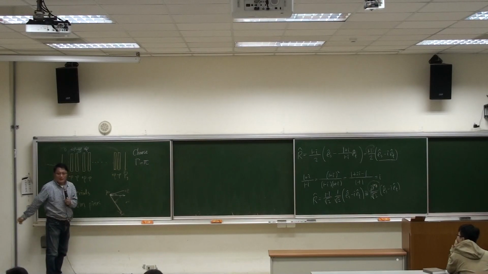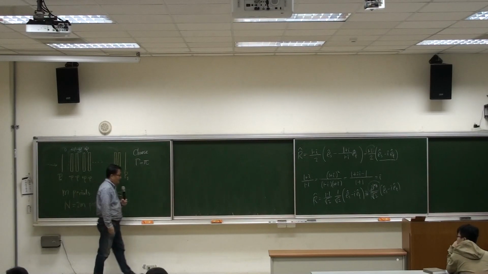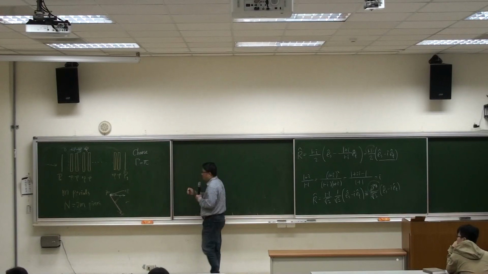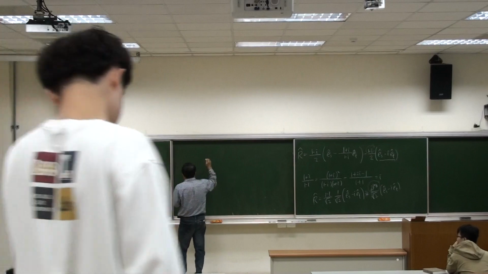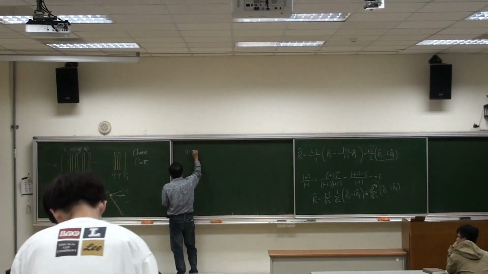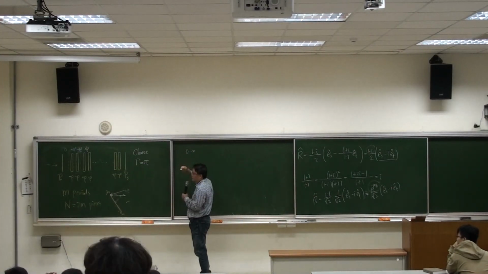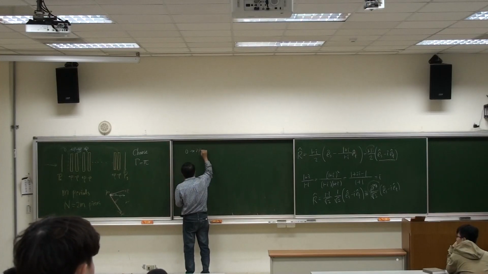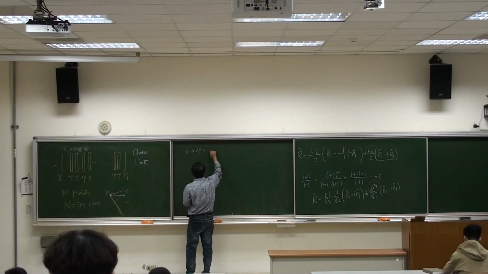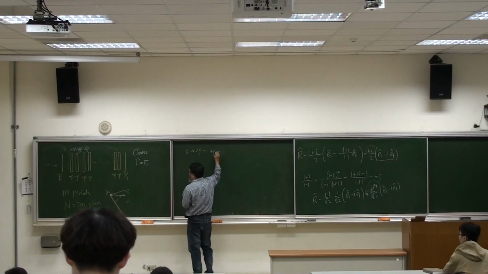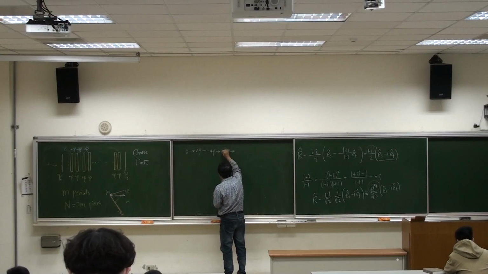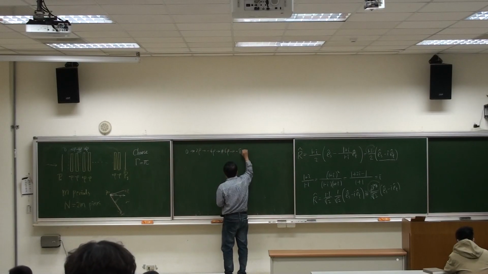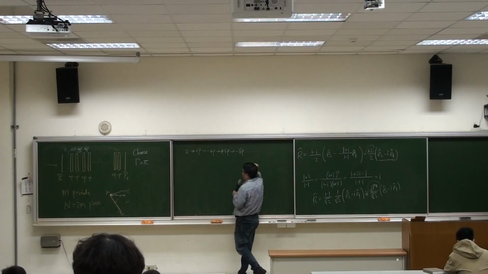So you see the polarization orientation changes from 0 to 2 rho to negative 4 rho to positive 6 rho, then to negative 8 rho, etc.